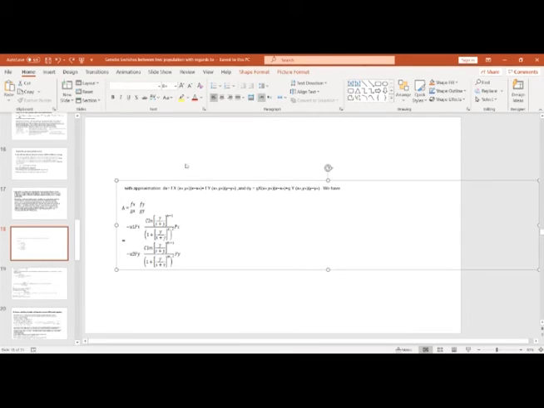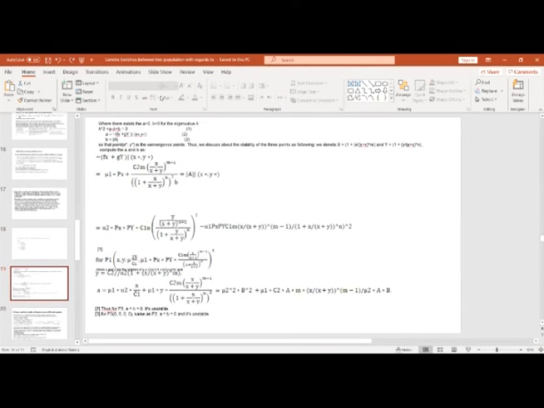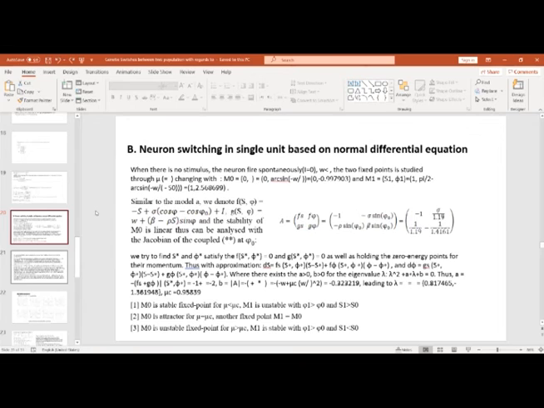With all the conditions equal to 0, we then compute the eigenvalues. And then we substitute it back into our Hamiltonian, and we get the fixed points. It is the same for this neuron switching model as well, but based on the membrane potential and the phase.